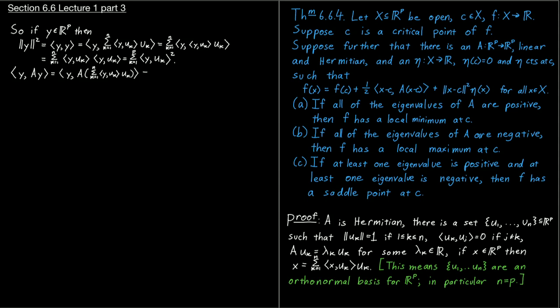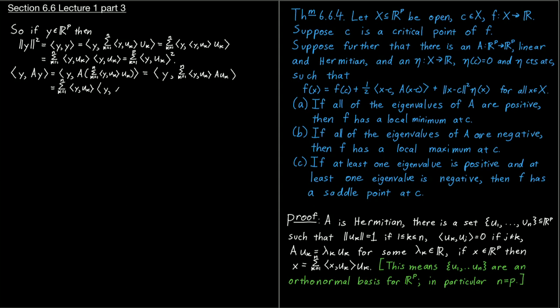A by assumption is a linear transformation, so we can pull the sum and the constants out. And then we're going to do two things. We're going to pull the sum and the constants out of the inner product as well, leaving the inner product of y with Auk.